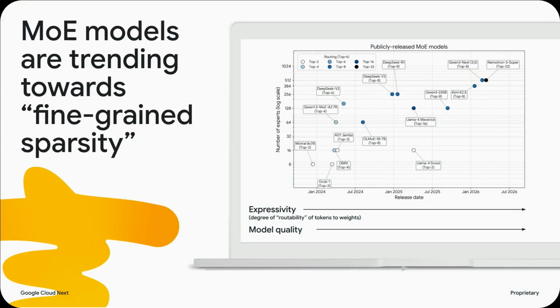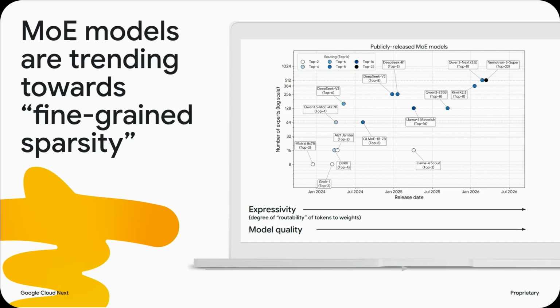Today's LLMs are largely built on the mixture-of-experts architecture, where, really briefly, you have a gating network that decides what subset of experts should be used for each token in your input.